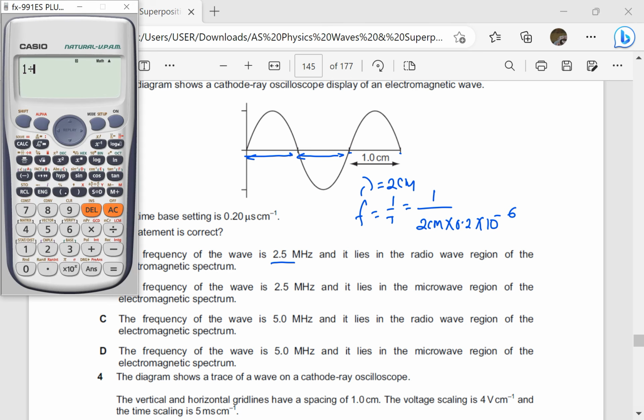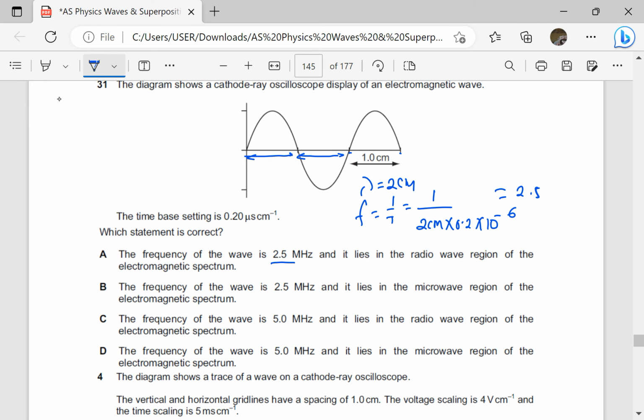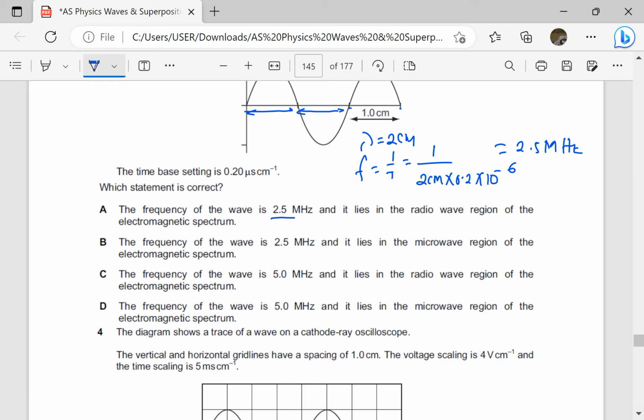So we have 1 divided by 2 times 0.2 exponent negative 6, which gives us 2.5 megahertz. So the frequency is 2.5 megahertz. This is showing the frequency is 5, so ignore C and D. The frequency is 2.5 megahertz and it lies in the radio wave region.